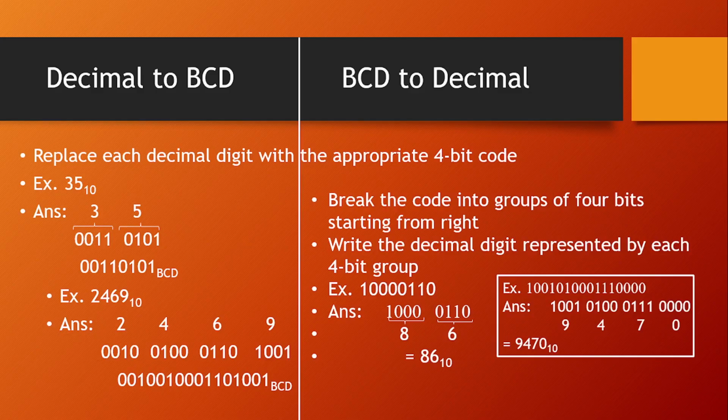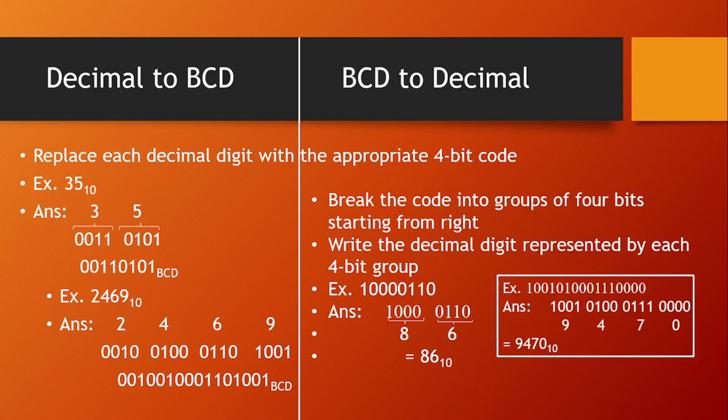Similarly, look at the example we have solved here, and we will find that starting from the right hand side we have 4 groups. The rightmost group represents 0. Then it is 0111, so 8421, 1 at the position of 4 and 2 and 1, 4 plus 2 plus 1, it is equal to 7.